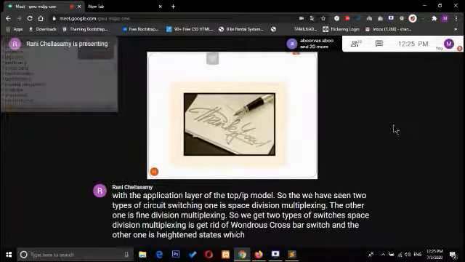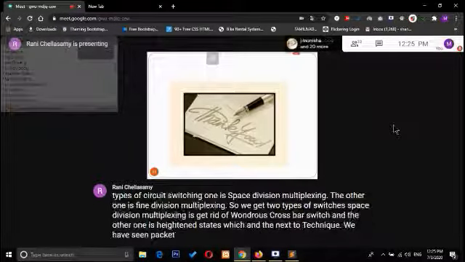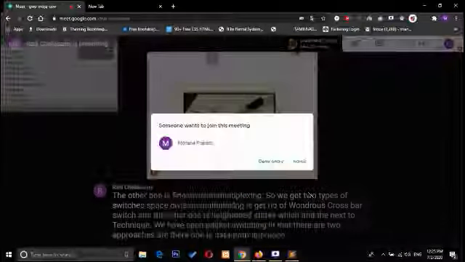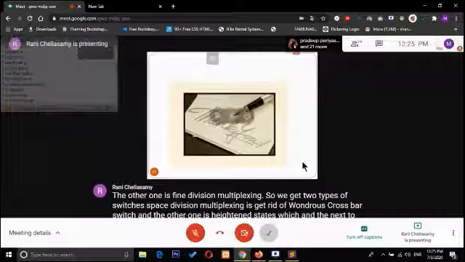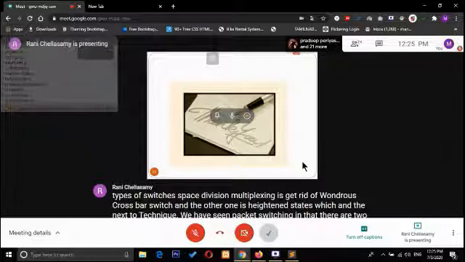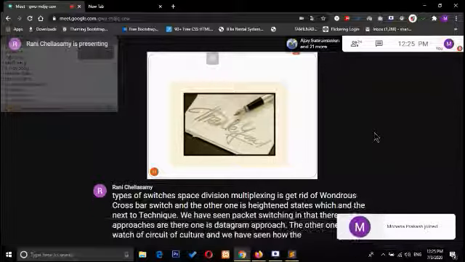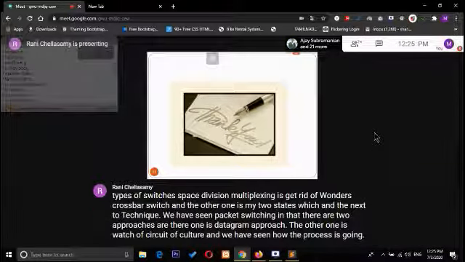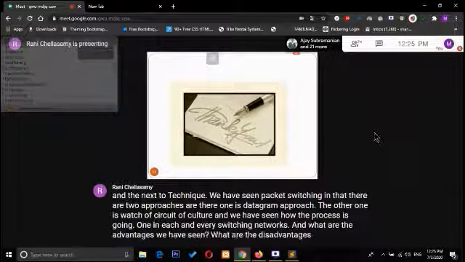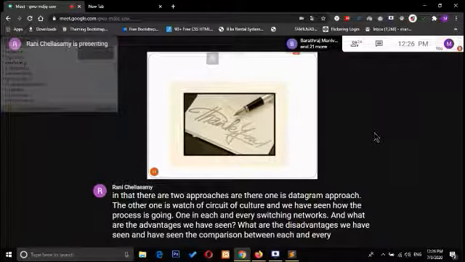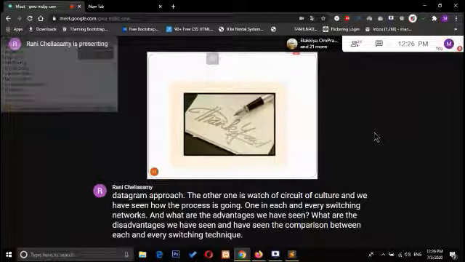The next technique we saw was packet switching, with 2 approaches: the datagram approach and the virtual circuit approach. We have seen how the process goes in each of the switching networks, what the advantages and disadvantages are, and the comparison between each of the switching techniques. Thank you students for your patient listening.